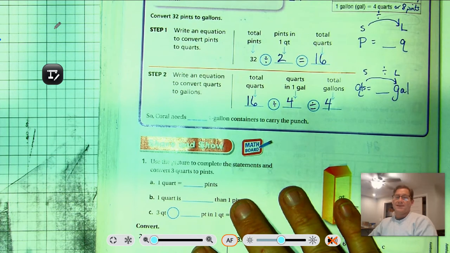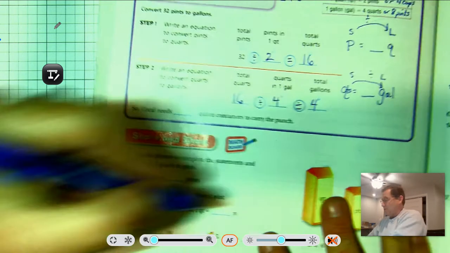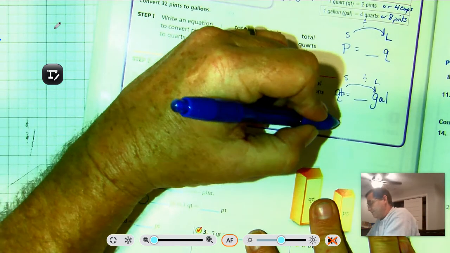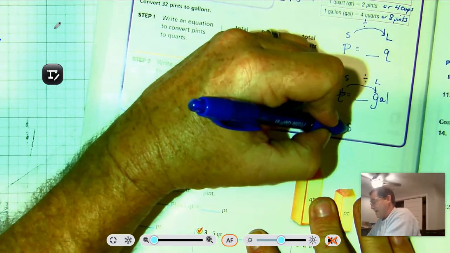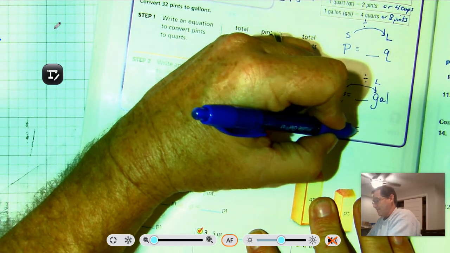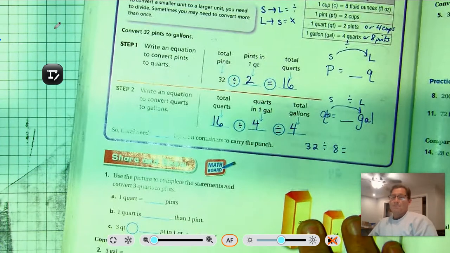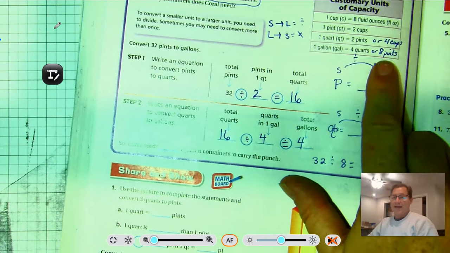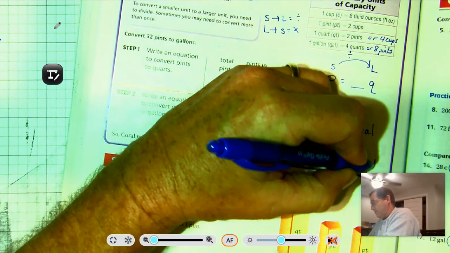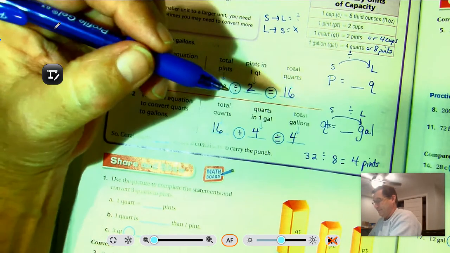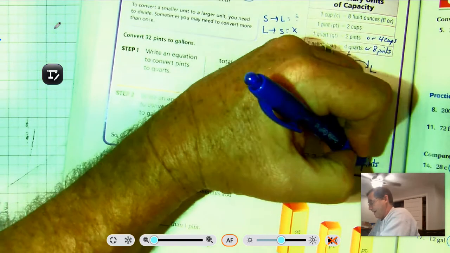So 32 pints equals 4 gallons. So we could have done 32 pints divided by 8, because there's 8 pints in a gallon. So 32 divided by 8 would have been 4 gallons.